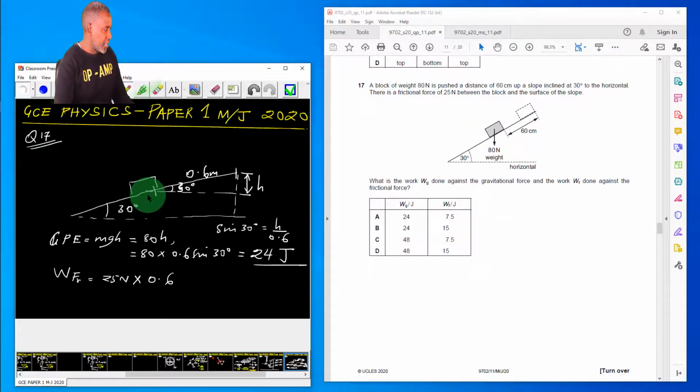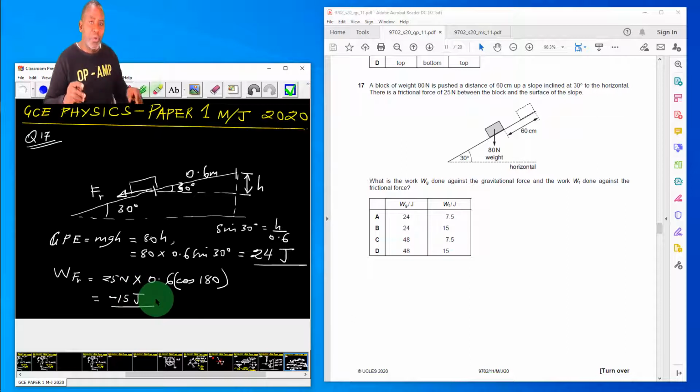But you can see that the friction force is this way, and the distance moved is that way. So they are separated by an angle of 180 degrees. So I use cos 180 degrees. Cos 180 will bring in the idea of a negative sign. I'm going to explain in a moment why that is the case. So 25 times 0.6 times cos 180, I'm going to get negative 15 joules.